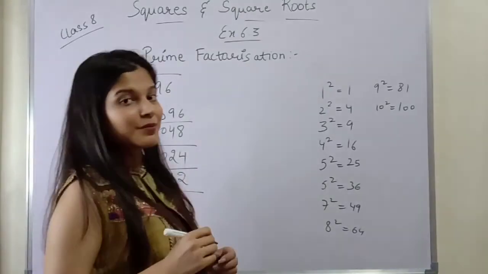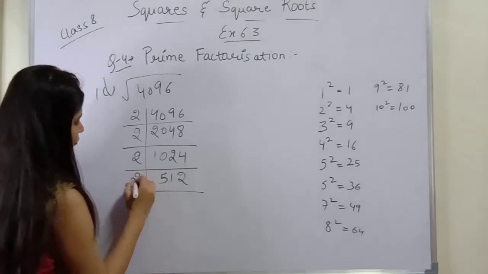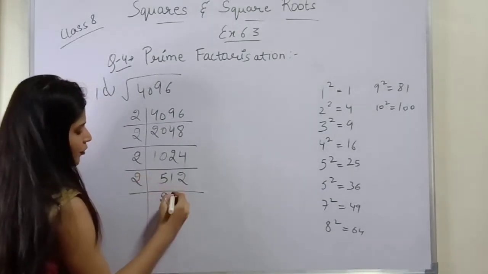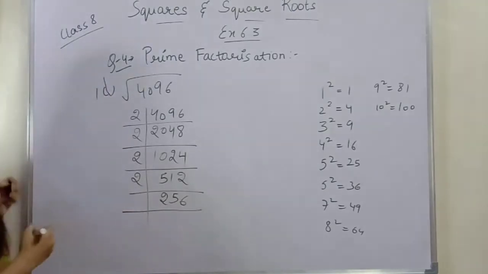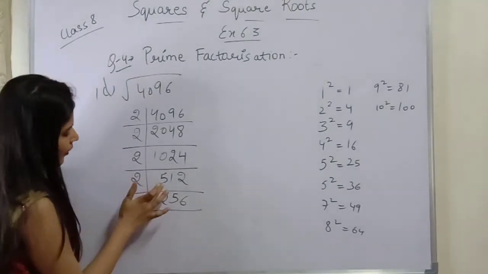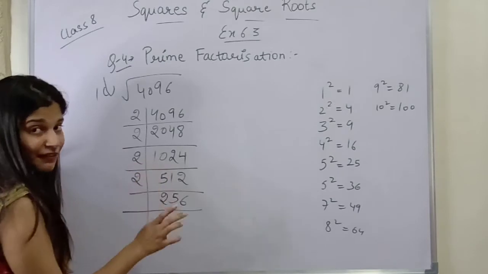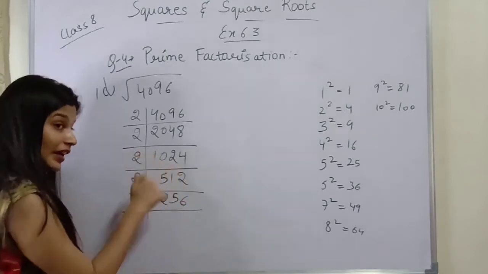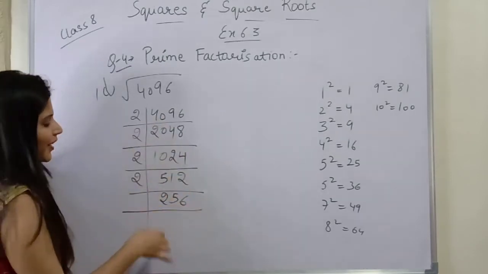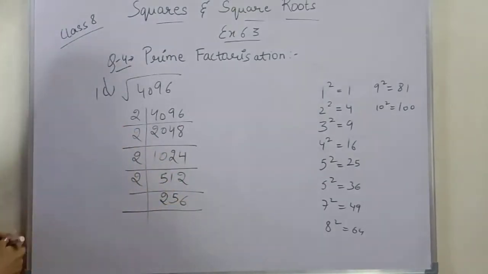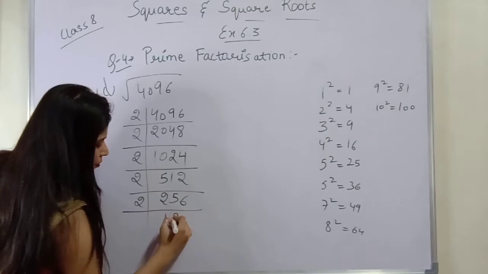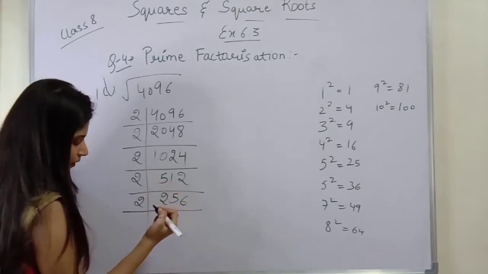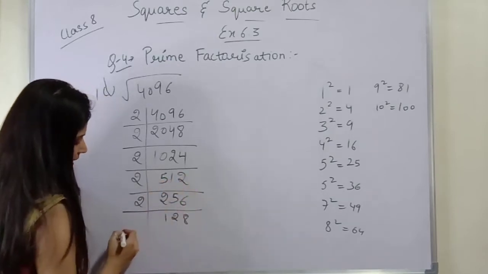Again it is a multiple of 2. 2 2s are 4, 2 5s are 10, 2 6 are 12. Okay, 2 2s are 4, 1 बचा, 1 और 1 11 होता है. 2 5s are 10, again 1 बचा, 1 और 2 12 होता है. 2 6 are 12. Okay, again it is a multiple of 2. 2 1s are 2, 2 2s are 4. Okay, 2 8s are 16.